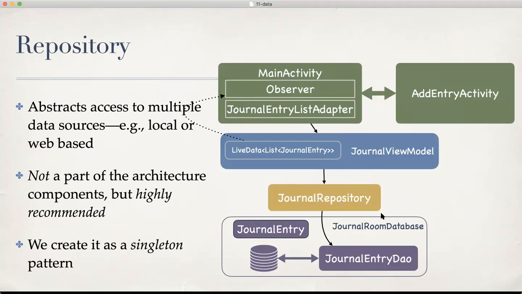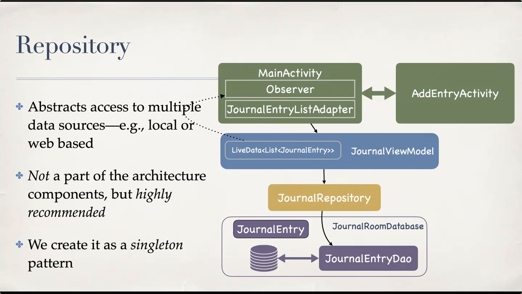Okay, so now we are done with the entire lowermost layer. We have done the entry, the DAO, and the database. Now let's look at the journal repository. As we saw earlier, a repository is going to be used to abstract the access of the upper layer, that is the view model, to one or more concrete databases underneath.